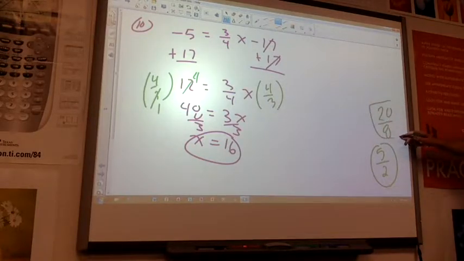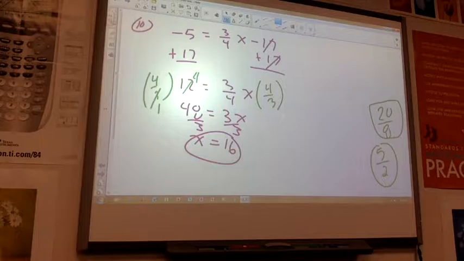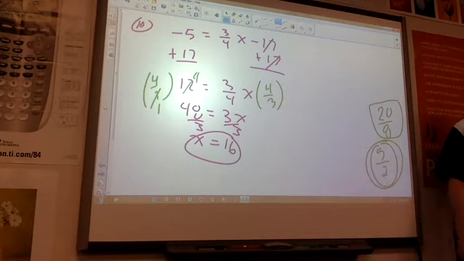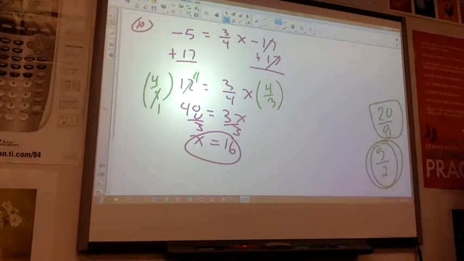If you had 20 over 8, I'm going to take a point off. Why? Because it's not reduced. I'm looking for the reduced answer. Keeping it as an improper fraction is totally fine as long as it's the reduced version. So if you don't reduce, it's going to take a point off.